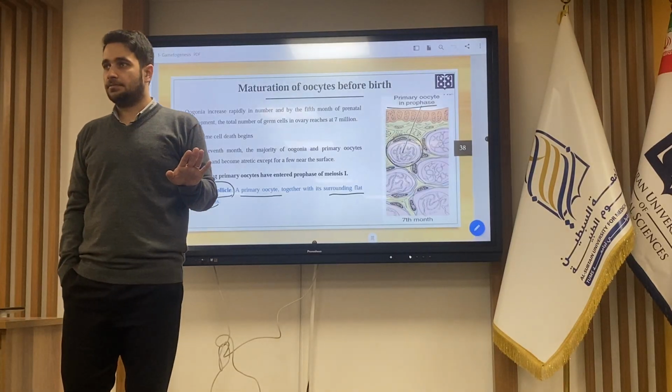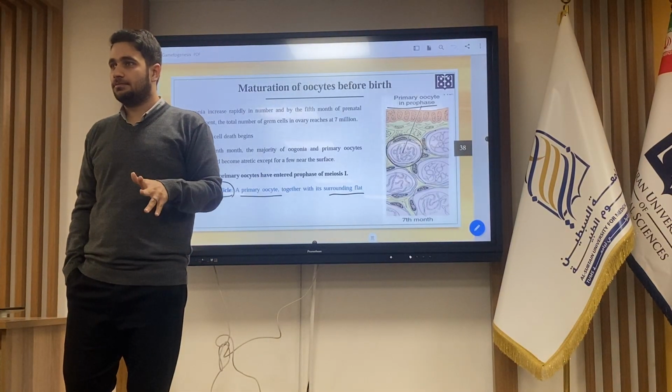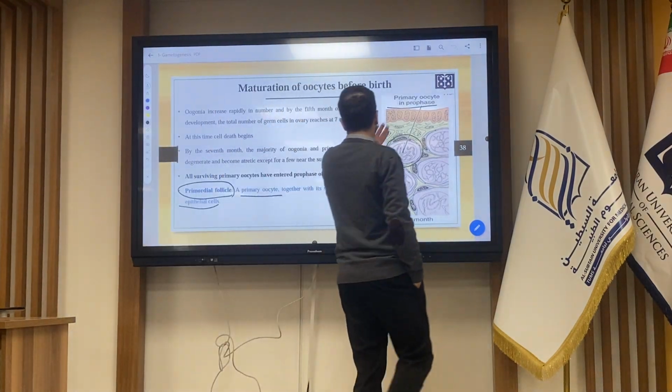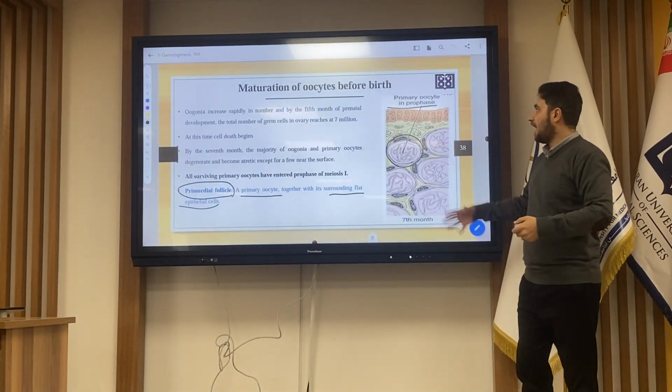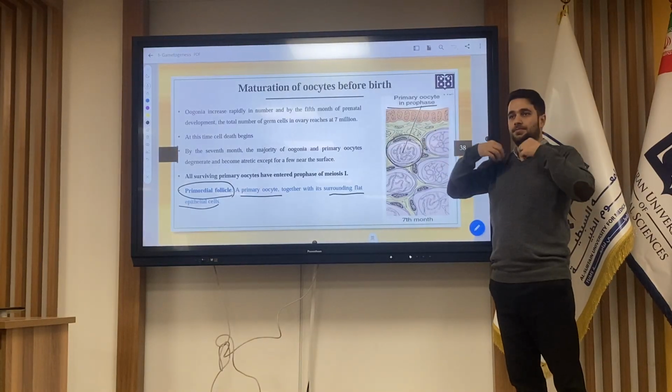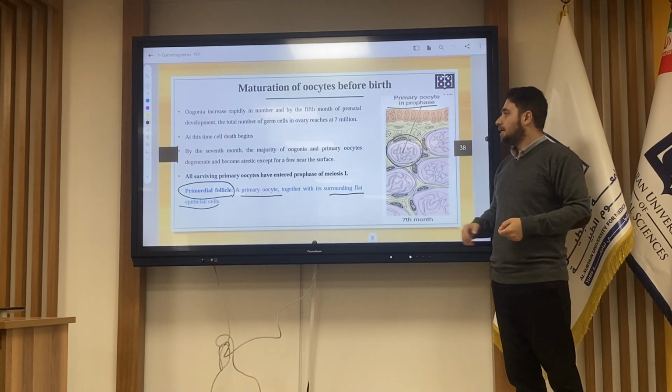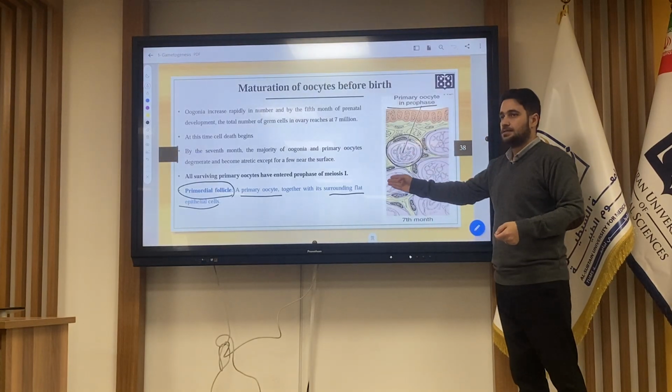Understand? Yes or no? Completely yes? Okay. So, again, look at the picture. We have the oogonia, which comes from the primordial germ cells. They are starting mitotic divisions. Then we have the primary oocyte.